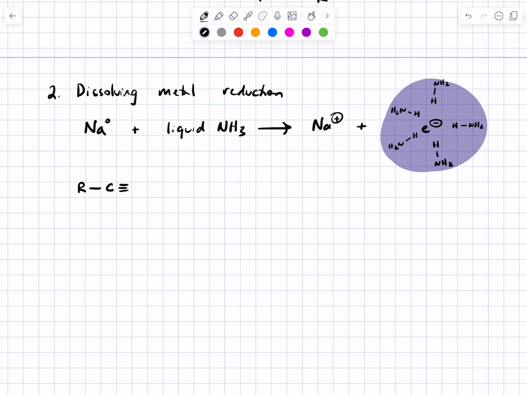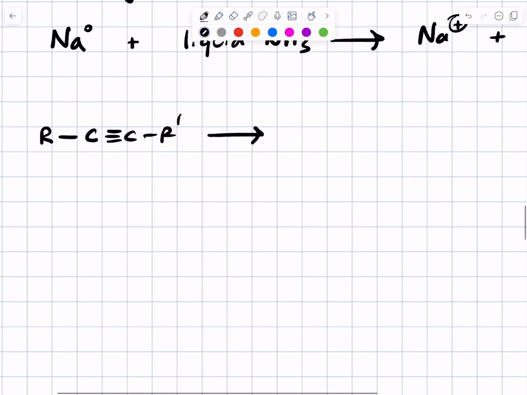But rather than spend more time on it, I think you can get what you need from this reaction simply by memorization.